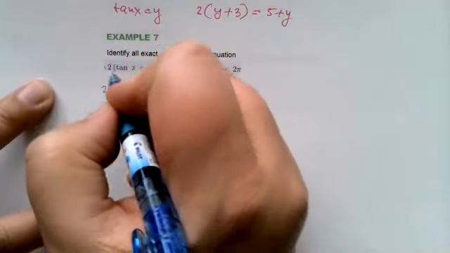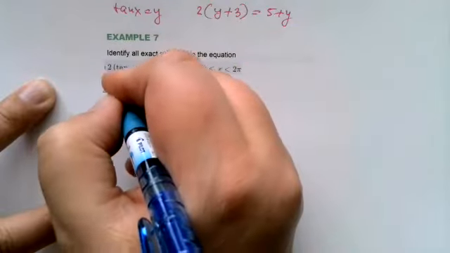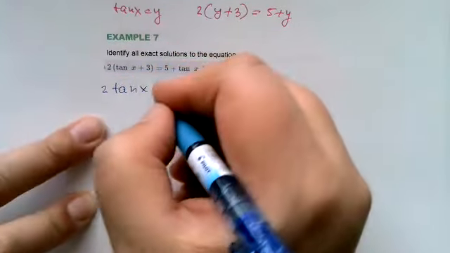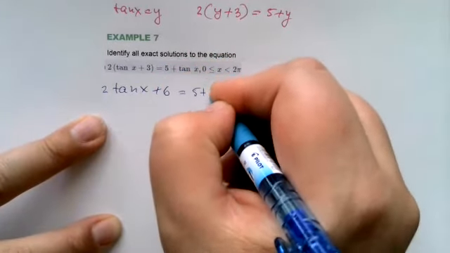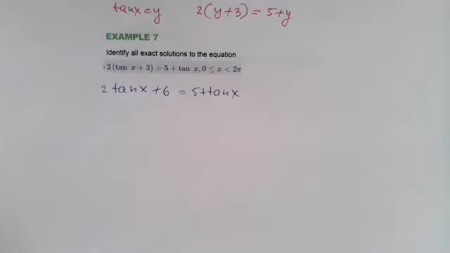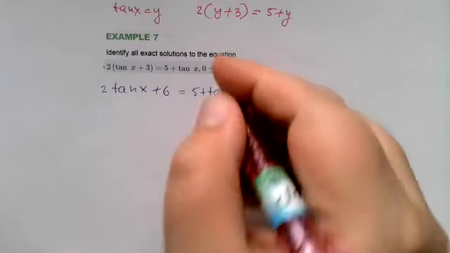So what I'm going to do, I'm going to factor 2 in, just like so. So 2 times tangent x plus 6 equals 5 plus tangent x. So now what we will do here, subtract y from both sides.